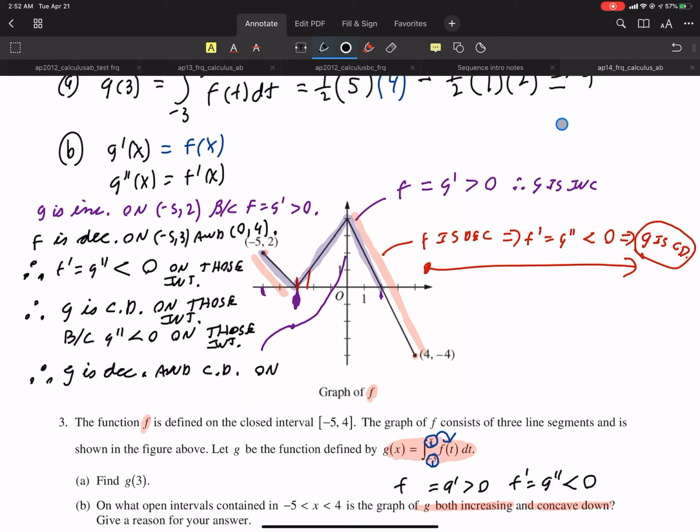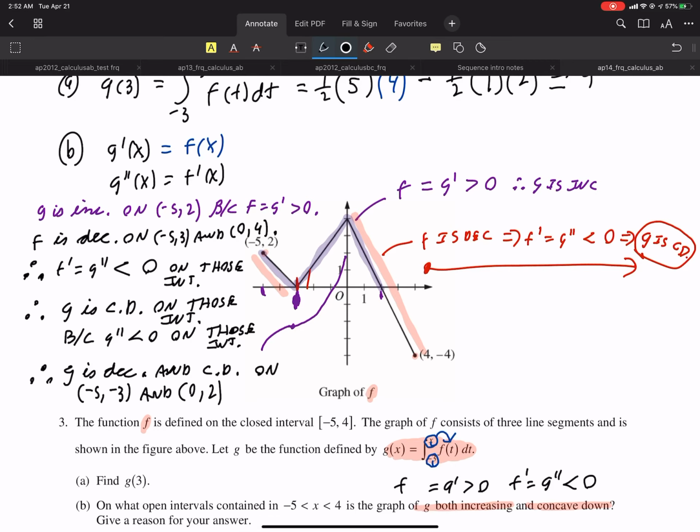So it's going to be where it's both purple and pink. -5 to -3. And they're both from 0 to 2. That is my answer. Done.